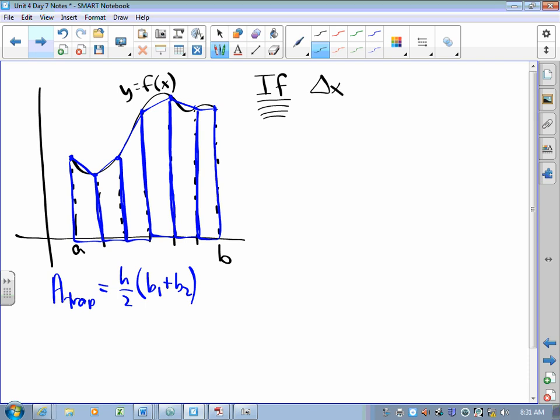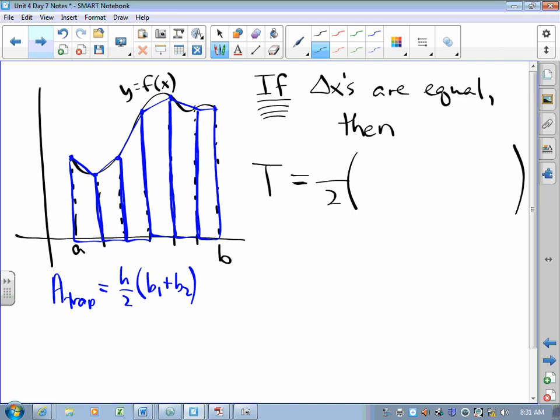Now, if all the delta x's are equal, then some nice stuff happens. Then the trapezoidal approximation is the following. The delta x's would all be the same, and they would be the heights of our trapezoids.